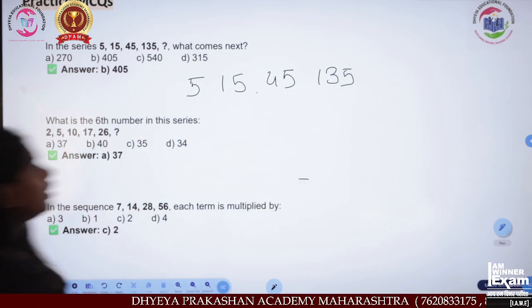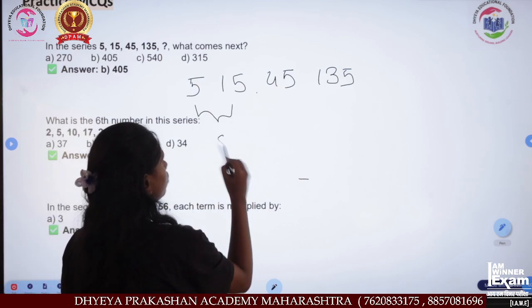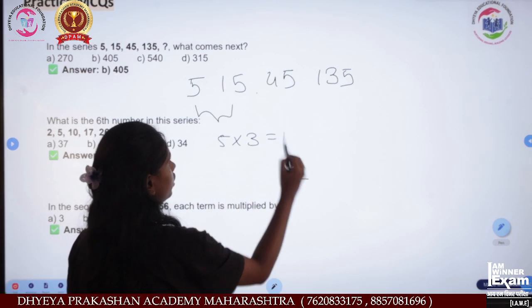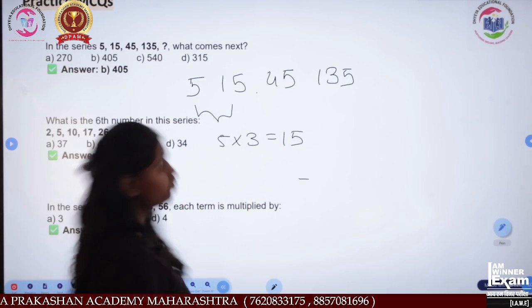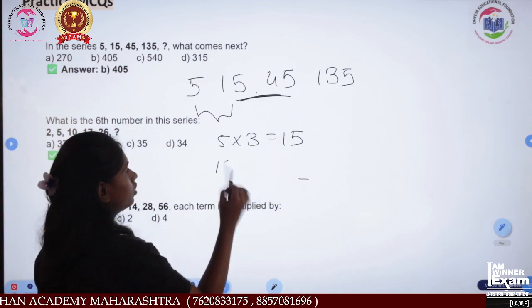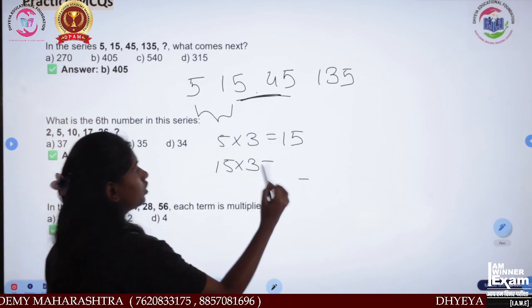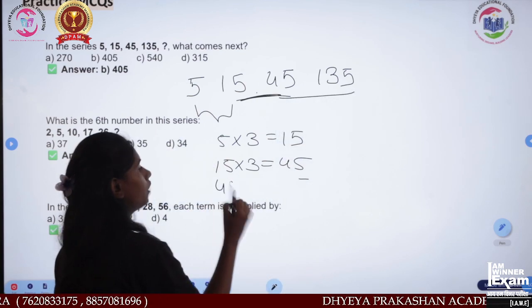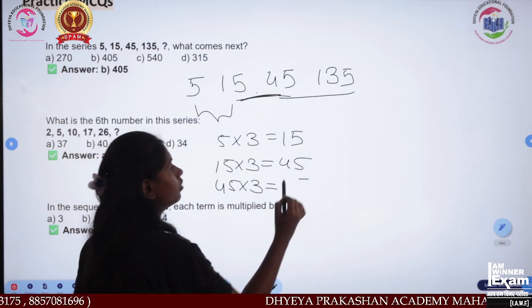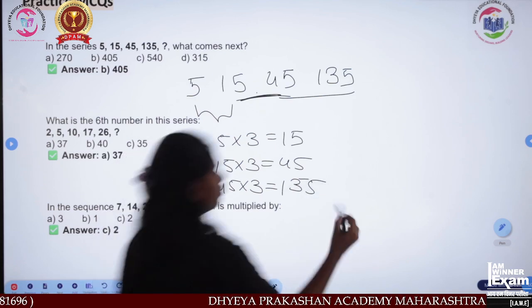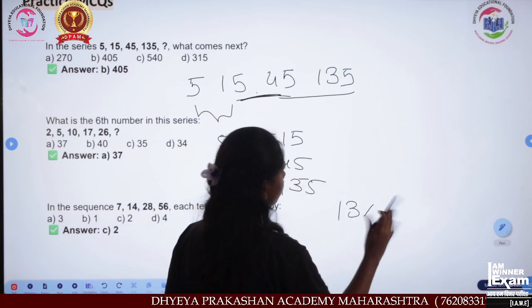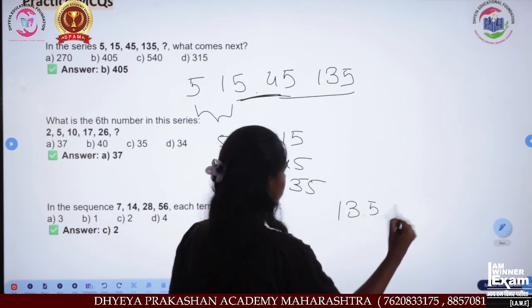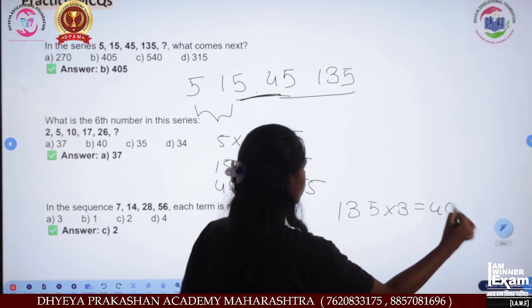If you take these two, 5 threes are 15. If you take these two, 15 into 3 will be 45. If you take these two, 45 into 3, you will get 135. If you multiply 135 into 3, you will get 405.